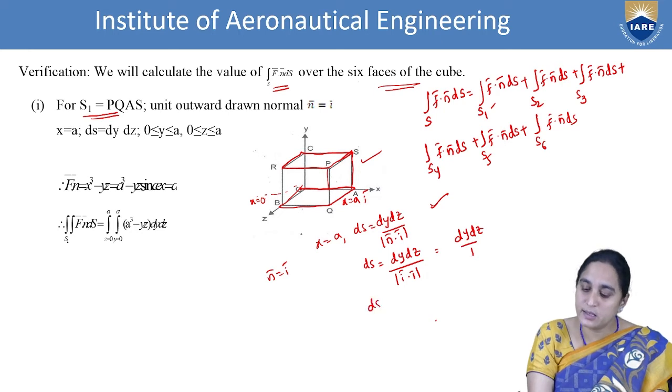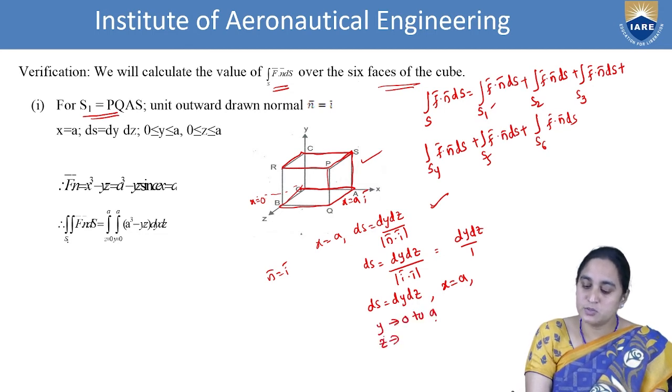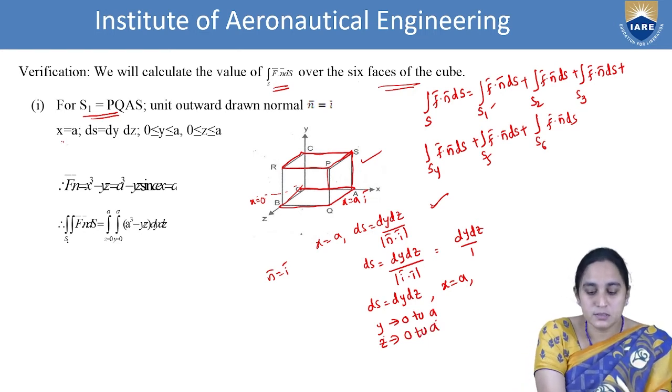So directly I am writing x is equal to a and ds is equal to dy dz, with y limit from 0 to a and z limit from 0 to a.